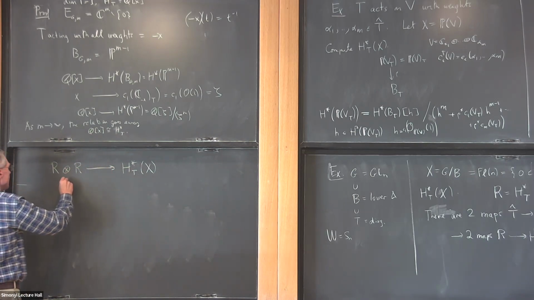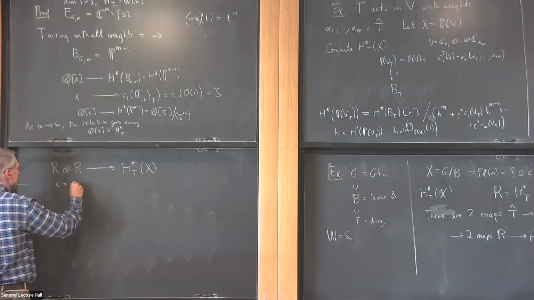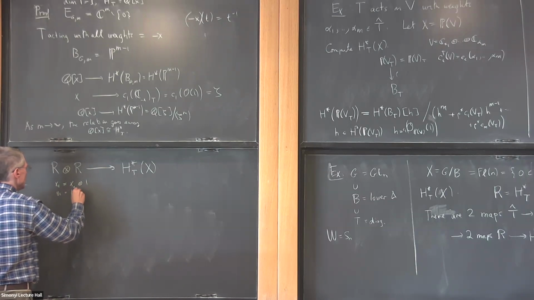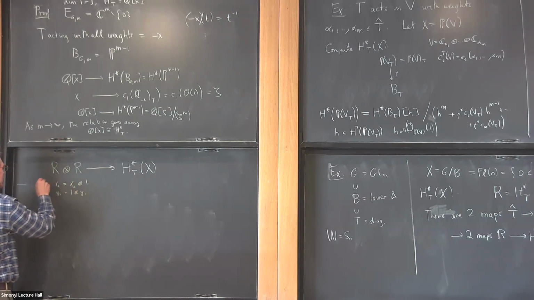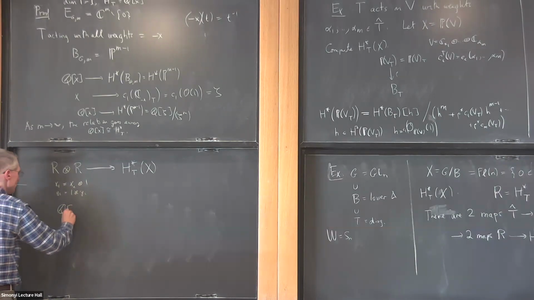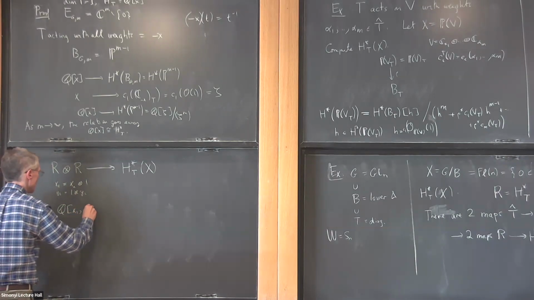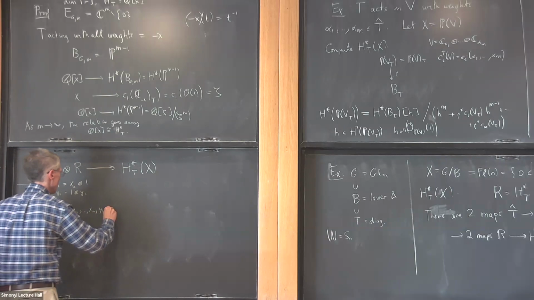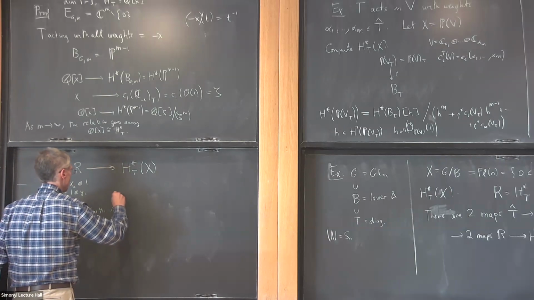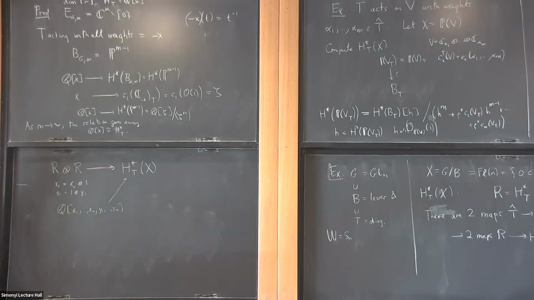I can think of this, if I write xi as xi tensor 1 and yi as 1 tensor yi, as the ring in two sets of variables, x1 up to xn and y1 up to yn.